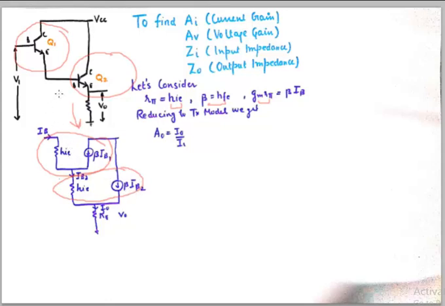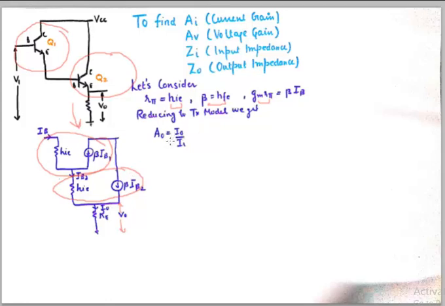So if you can reduce this arrangement of Darlington pair into its equivalent AC circuit with HIE and beta IB for both the BJTs, and finally we have RE as the load resistance. Voltage V0 is dropped here, RE is the load resistance, I0 is the output current.